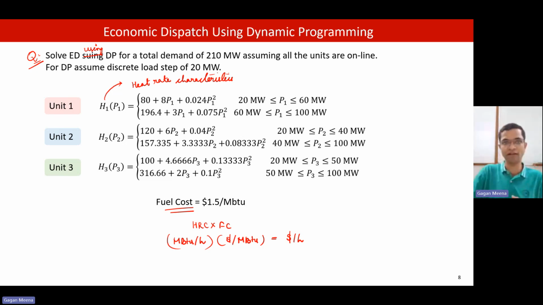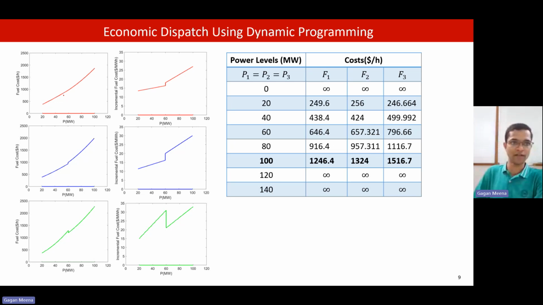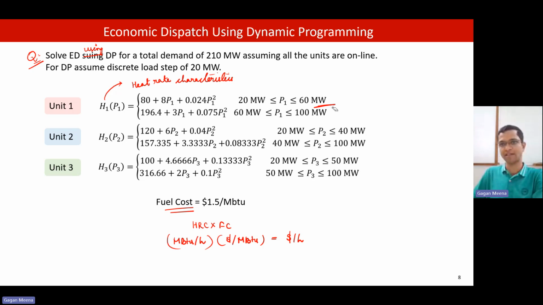How do they look? Here, if we see the first one, this is 60 megawatts. It is almost quadratic between its minimum and maximum value. There is not much change. The only thing is the slope of this curve is changing. Between 20 and 60 the slope is different, and between 60 and 100 the slope is different. That's why there is a division at 60, and after 60 here 40 and next 50.